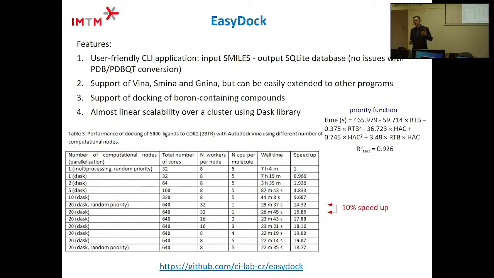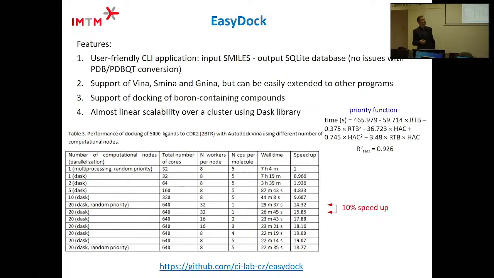So we suggested an automatic protocol where we replace boron atoms with carbon atoms before docking, and after docking we return them back. And we demonstrated that this strategy works nicely, and in redocking of known boron-containing compounds, we achieve exactly the same results as for normal compounds without this replacement.